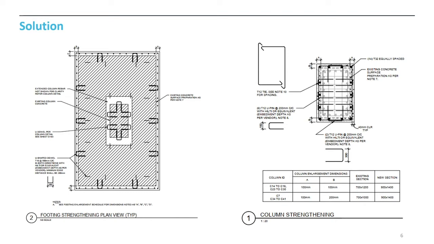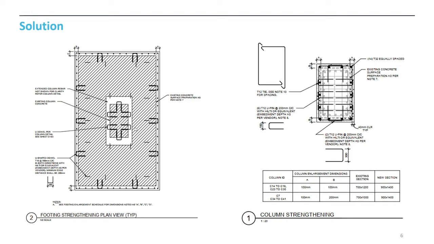At some places we also needed to thicken the footing because punching shear was exceeding. There was no other option than to provide more thickness and bring the punching shear within the acceptable limit.